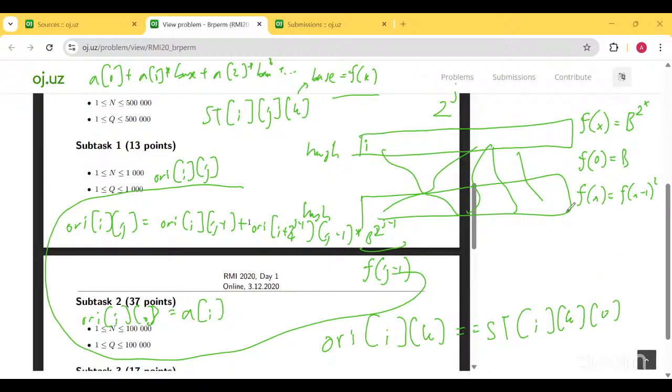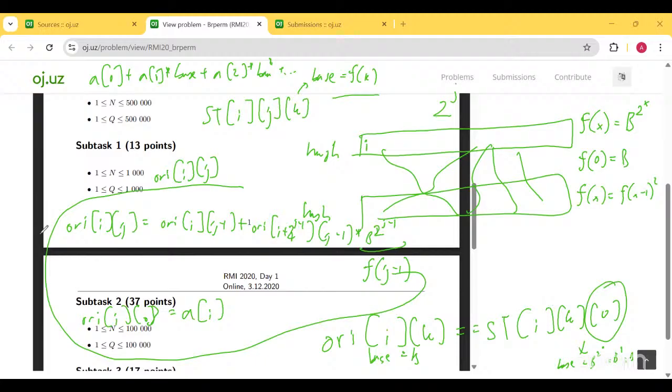Is it correct? Okay. So are we using base equal to b? If it is 0, it means the base is equal to b, right? b to the 2 to the 0 means b to the 1, equal to b.